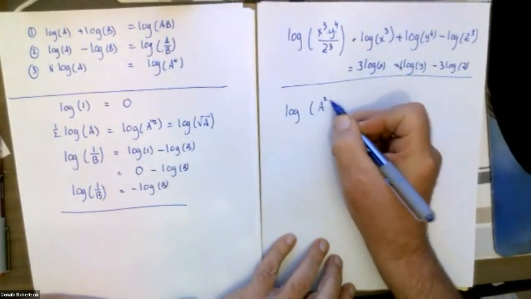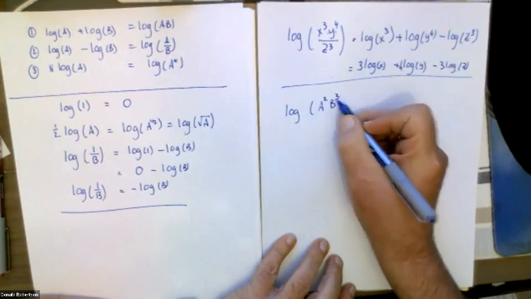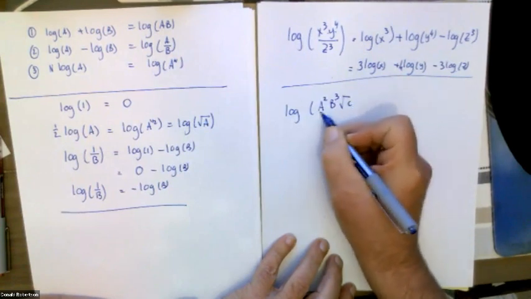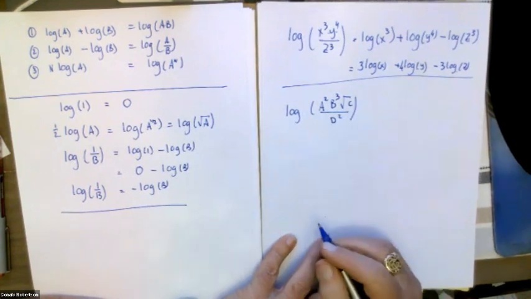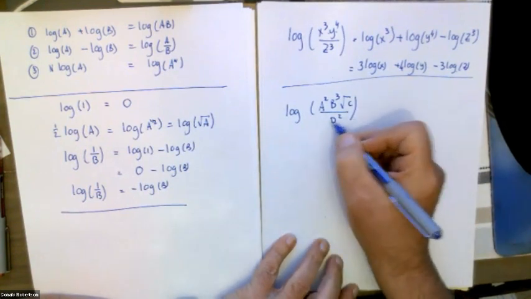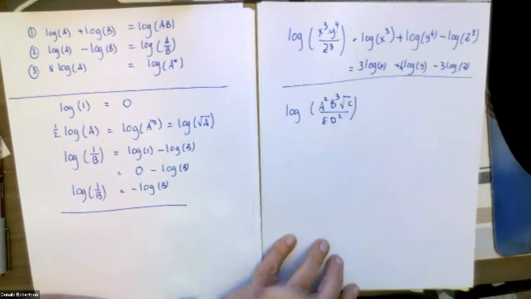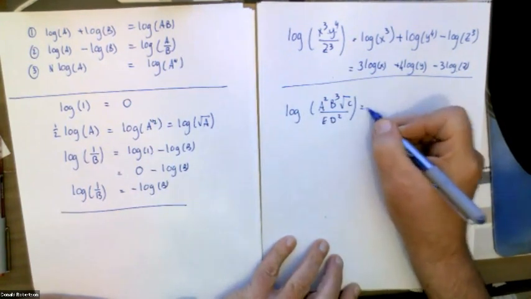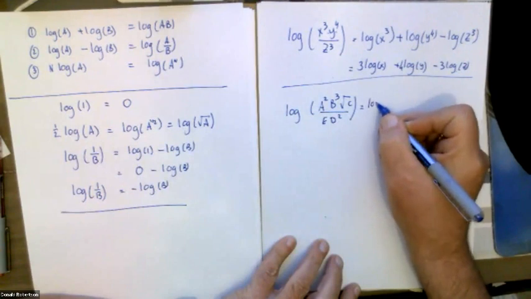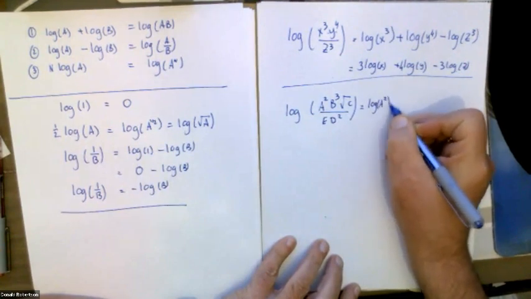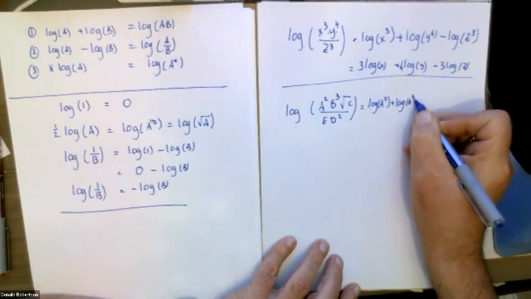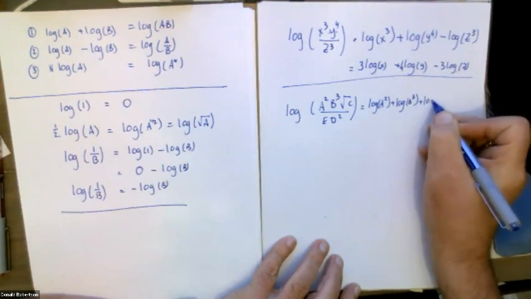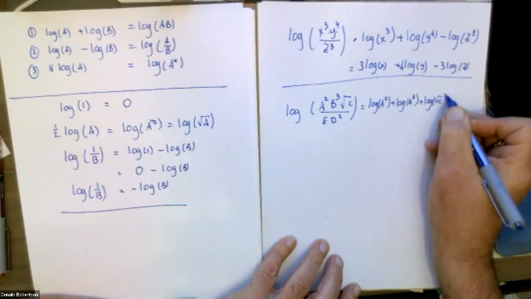Now you could get something like this: a squared, b cubed, square root of c over e d squared. So it's going to be log of a squared plus the log of b cubed plus the log of the square root of c.